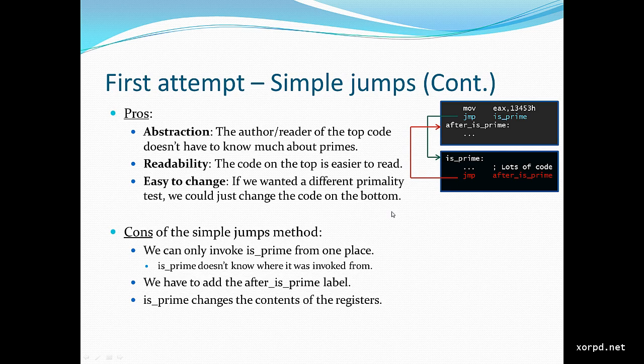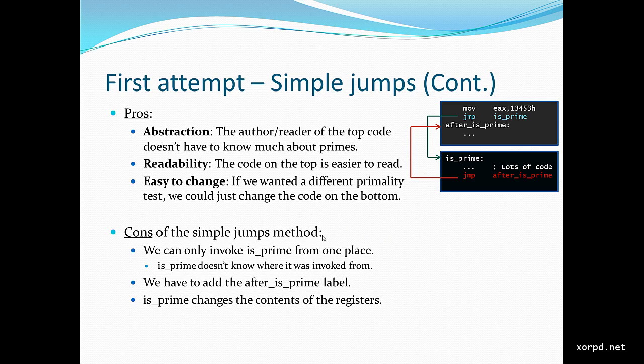However, this example, or this first attempt of creating a function, is far from being perfect. There are some major cons to this simple jumps method. I remind you that we have just used 2 jumps to implement this, and it has some serious disadvantages.